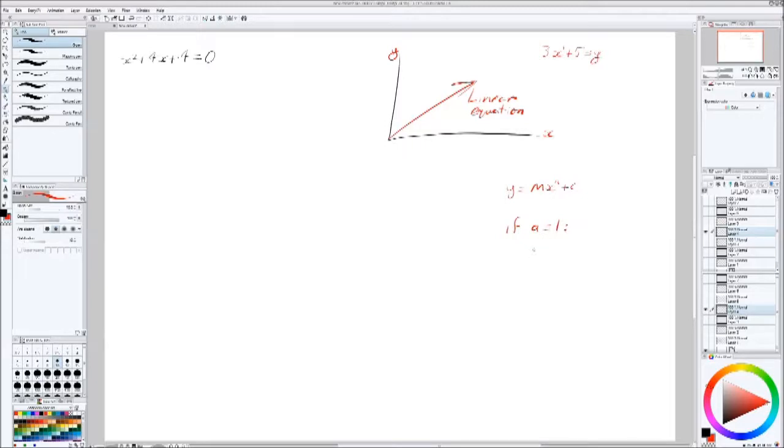If a equals 1, then the equation is linear. If a equals 2, the equation is quadratic.